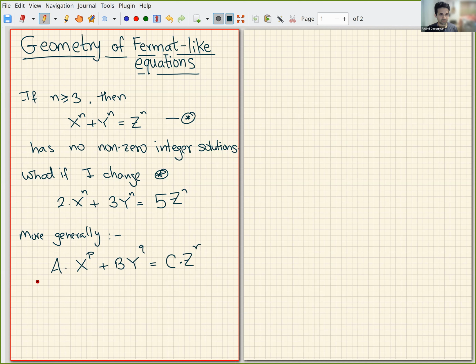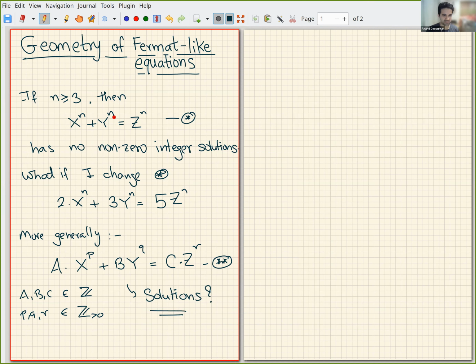So x, y, z are variables, a, b, c are, let's say, integers, and p, q, r are positive integers. Let's say this is star, star. This subsumes the original Fermat equation, but it's a bit more general. You allow any exponents and any coefficients and ask, okay, how many solutions? Or are there any solutions?